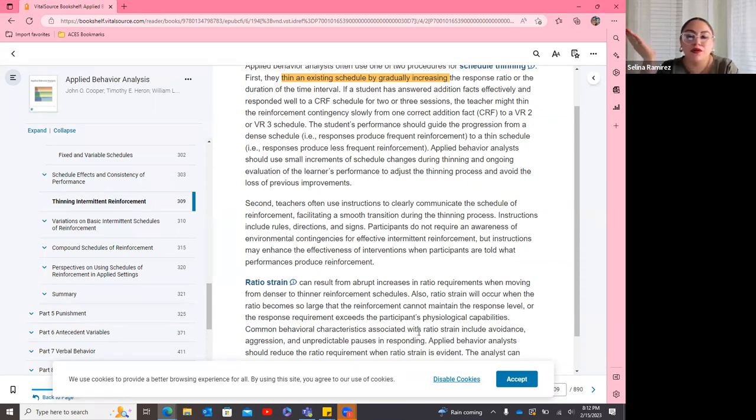And it's like, whoa, whoa, whoa, what happened here? So you might have to go the other way, where you're like, okay, I'm gonna go from the varied schedule back to an FR, so that he is able to gain access to reinforcement more quickly, so that we can figure out what's going on with the behaviors and work our way from there.